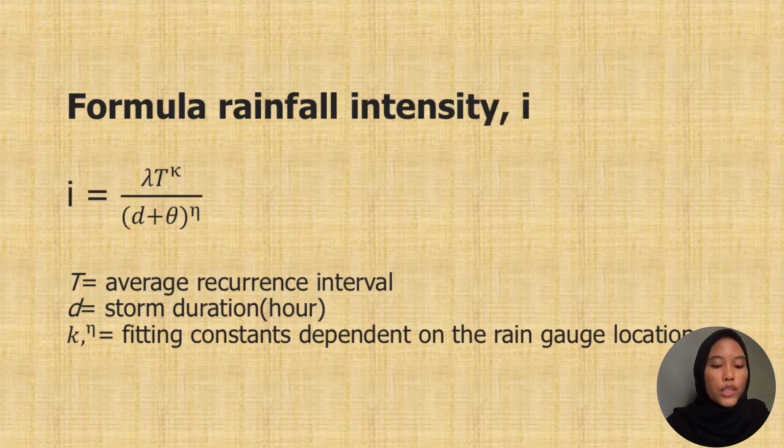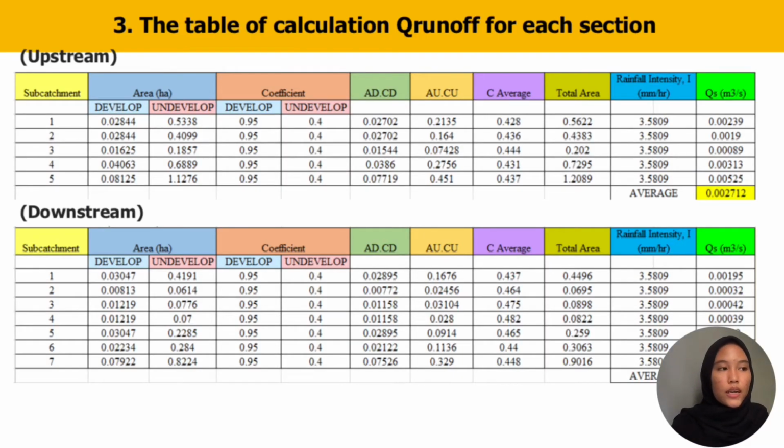T is the average recurrence interval, ARI, we choose 20 years, while D is the storm duration in hours, we choose 72 hours. The other constant values refer to MSMA table 2.B1, IDF constants in Pahang between 2 and 100 years, and storm duration from 5 minutes to 72 hours. Then we calculated, and we get the rainfall intensity as 3.5809. And the value of rainfall intensity is the same for all subcatchments.